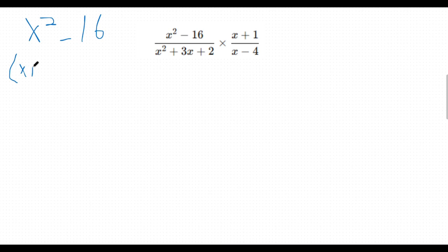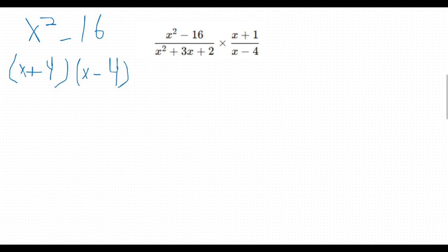And the format of a difference of squares is x plus something, x minus something, and the something is the square root of the second number. So 4 times 4 is 16, so in this case it's going to be 4. So the top term simplifies to x plus 4, x minus 4.